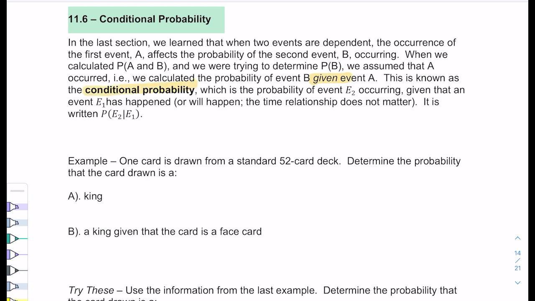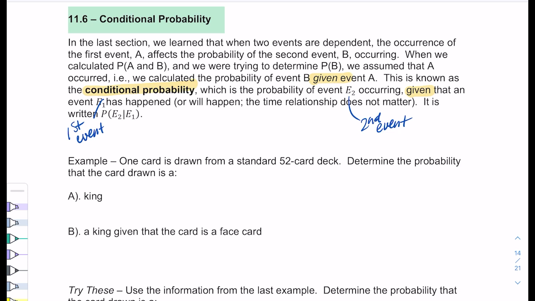It's the probability of event E2, so that means the second event, occurring, given, so that word given is so important here. When you see that word given, that means it's conditional. Given that event E1, that just means the first event, has happened, or it will happen.